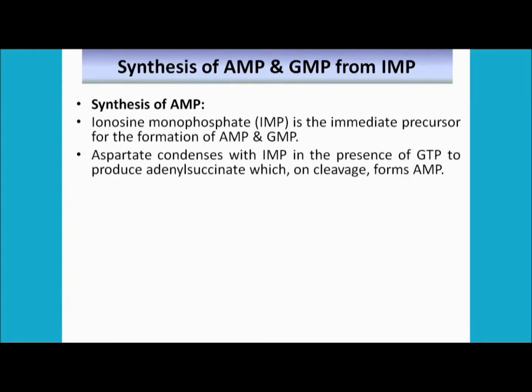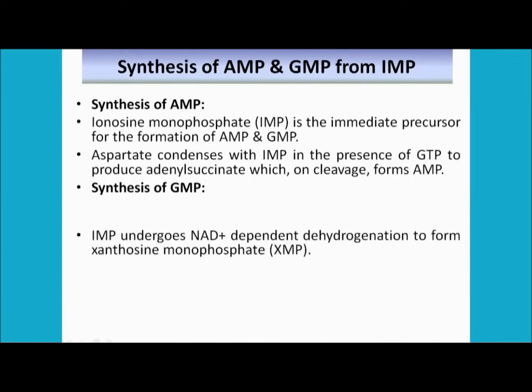Now you see, the aspartate condenses with the IMP in the presence of GTP to produce the adenylosuccinate, which on cleavage forms AMP. So you have finally got the adenine, right? Now synthesis of the GMP. How is GMP going to get synthesized?